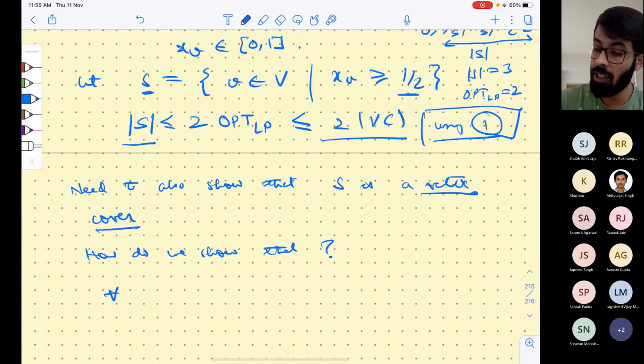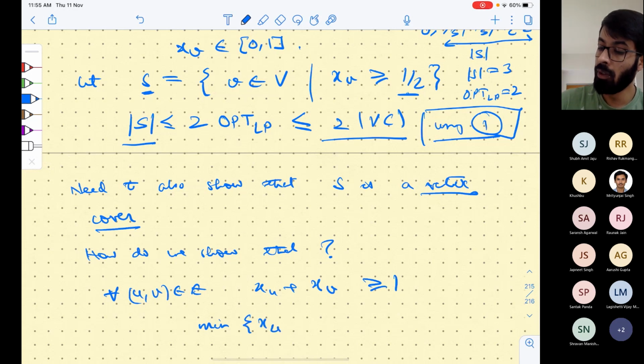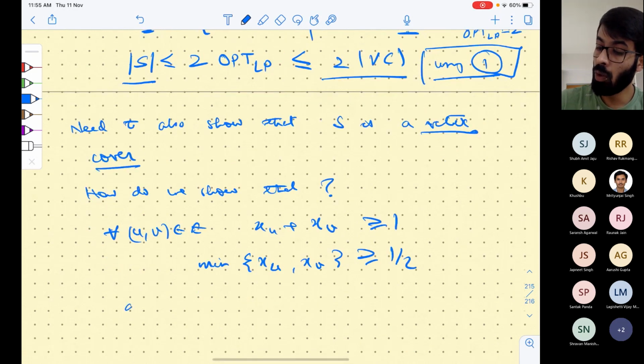Why? Because for every edge, we know that XU plus XV is greater than or equal to 1. So max of XU, XV is greater than or equal to half. So at least one of U and V is included.